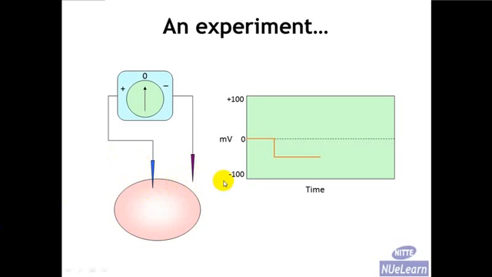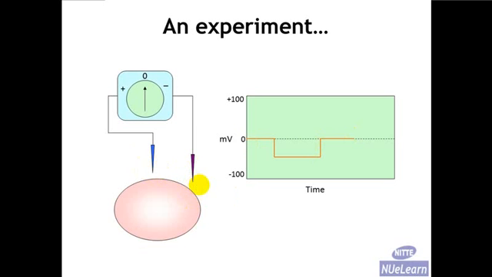Now, if you were to pull the electrode out again, as it leaves the cell, the voltmeter would record a potential that is back to 0. That means again the two electrodes are exposed to the same potential, and therefore there is no potential difference.